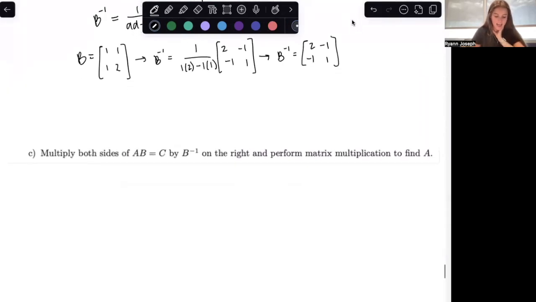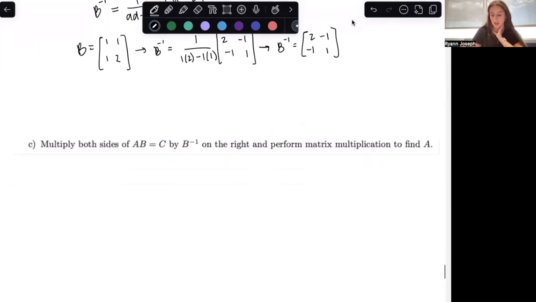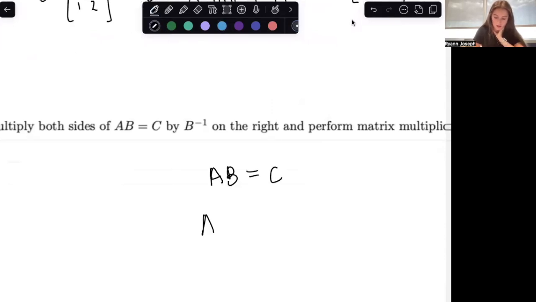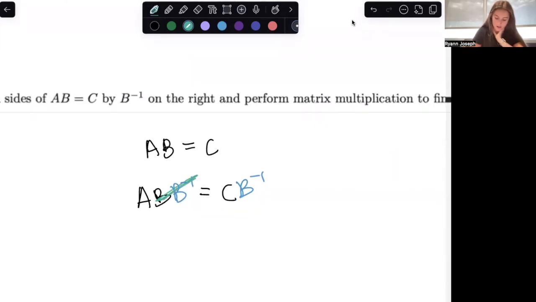Multiply both sides of AB equals C by the inverse of B on the right, and perform matrix multiplication to find A. So we have AB is equal to C, and they want us to multiply by the inverse of B on the right of both sides, and solve for A. So this cancels out, and I'm left with A is equal to C times B inverse.